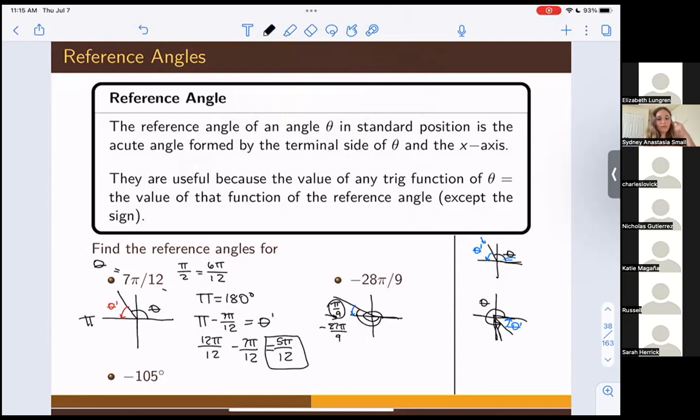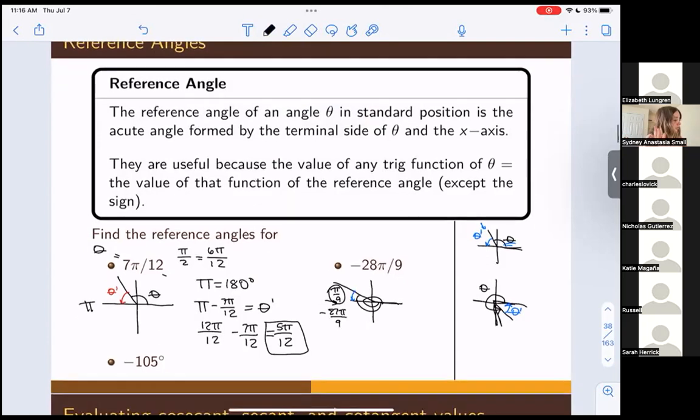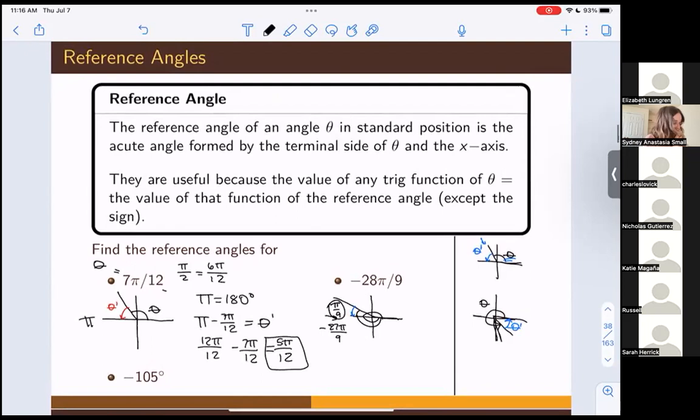You could also simplify this calculation without having to walk around like that if you wanted to. If you remember, coterminal angles will be exactly the same. So you could add 2 pi to negative 28 pi 9ths to make the calculation easier, because it will have the same terminal side if we add a multiple of 2 pi, which would be 18 pi 9ths.